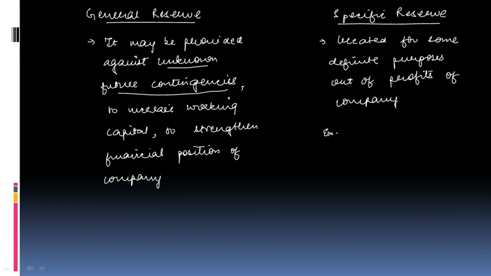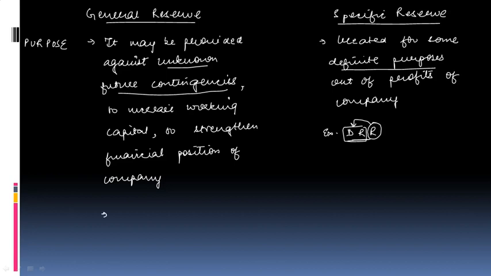How many of you remember this DRR? It is there in your Companies Act. So debenture redemption reserve. This reserve is created specifically for debenture redemption. Okay. Example, machinery replacement. Right. So that is also a reserve with a definite purpose. But over here there is no such definite purpose.